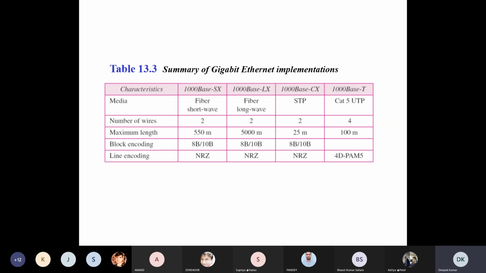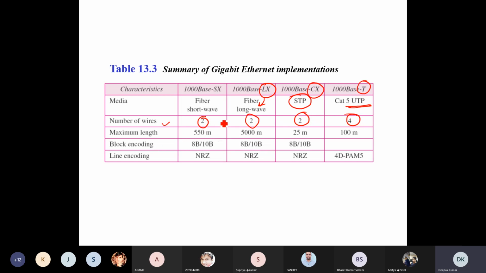The medium used is short-length fiber for 1000BASE-SX. 1000BASE-LX uses long-length fiber. 1000BASE-CX is shielded twisted pair, and 1000BASE-T is Category 5 UTP. The number of wires is 2, 2, 2 and 4.